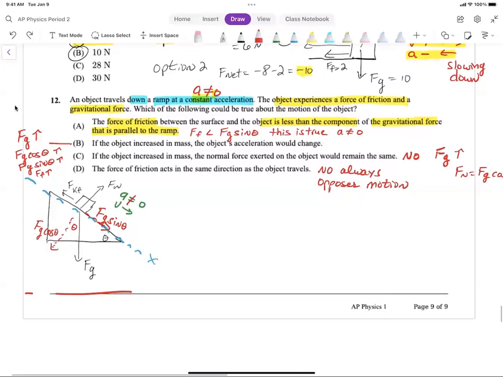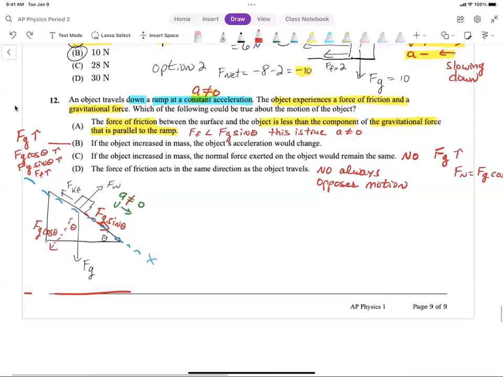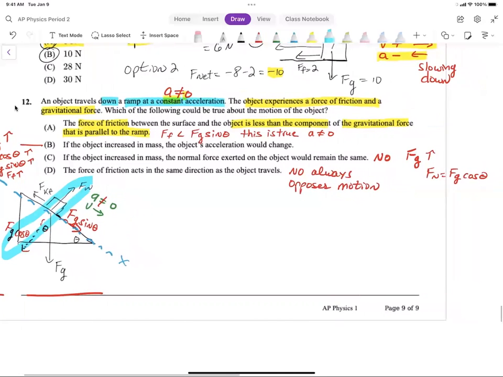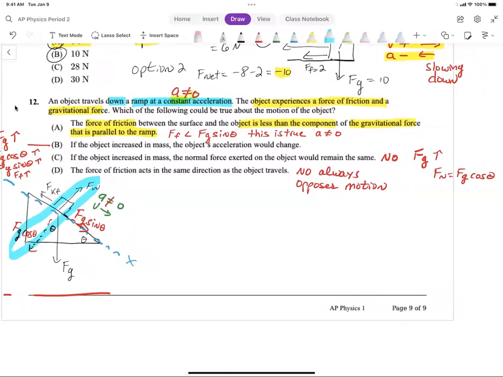If the mass is increased, the normal force exerted on the object would remain the same. So let's look at that. Force normal is equal to F_G cosine theta. As the mass goes up, so does F_G, and therefore F_G cosine theta goes up.